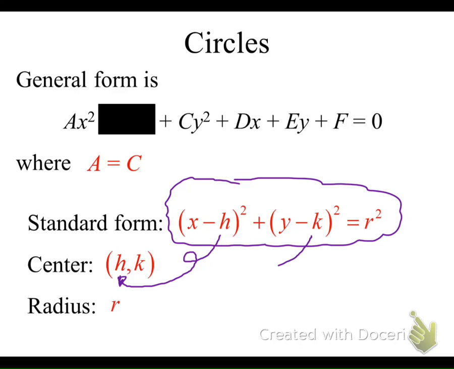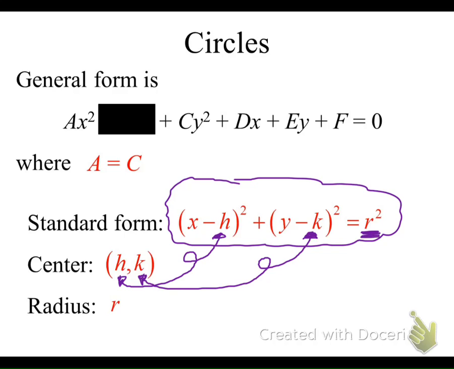When you pull that information out of your equation, you will need to change that number's sign in order to correctly identify your center. This is not new to us. We were doing the same thing with parabolas last chapter. Anytime we moved the number in and out of parentheses, we changed its sign. So we will be doing the same thing throughout all of our conic sections this chapter.